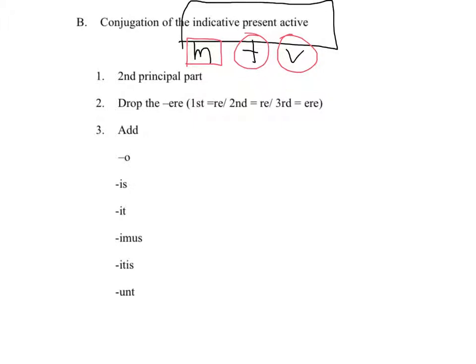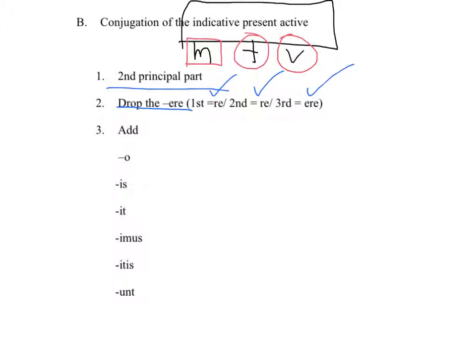To do the conjugation of the indicative present active, you take the second principal part, you drop the ERE. Note that this is different. In the first conjugation, you drop the RE. In the second conjugation, you drop the RE. In the third conjugation, you take the second principal part and drop the ERE, not just the RE. You have to understand that the pattern is ERE.